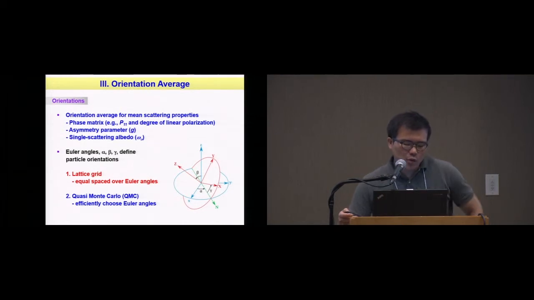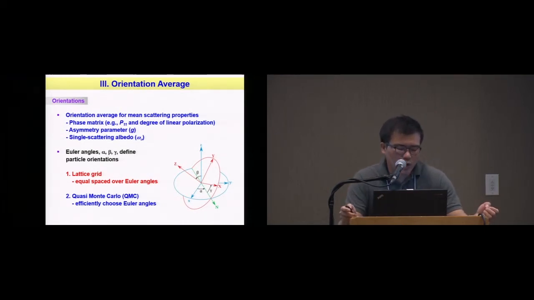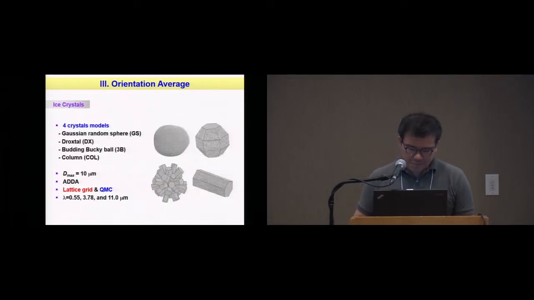For this study, we choose two different orientation average schemes. First one is the lattice grid. So lattice grid is equally spaced selection of Euler angles. And the second, the more advanced one, is called the quasi-Monte Carlo method. It efficiently chooses the Euler angles in 3D space.